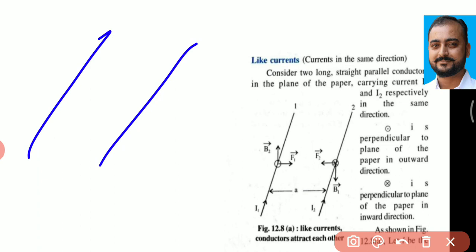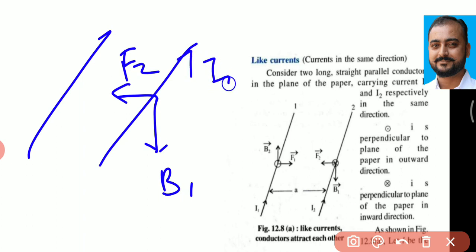In similar manner, we just observe that this is the force F2, this is the magnetic field B1, and this is the current I2. Now in similar manner, this conductor carries the current I2.